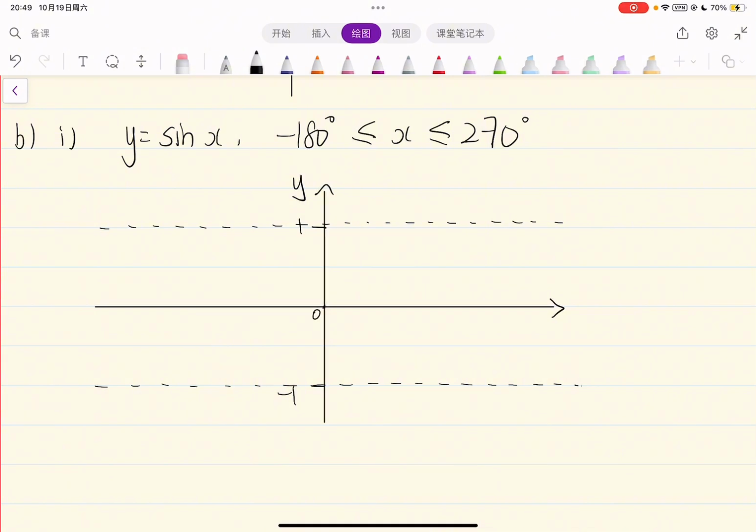The special degrees we need to remember are 90 degrees, 180 degrees, and 270 degrees. Then for the negative part, that is minus 90 degrees and then minus 180 degrees. When theta equals 0, y equals 0. We start from here.